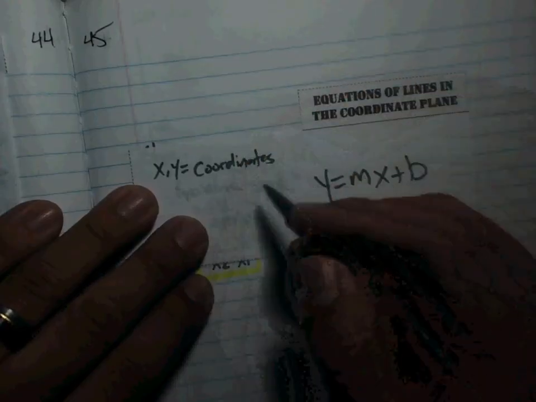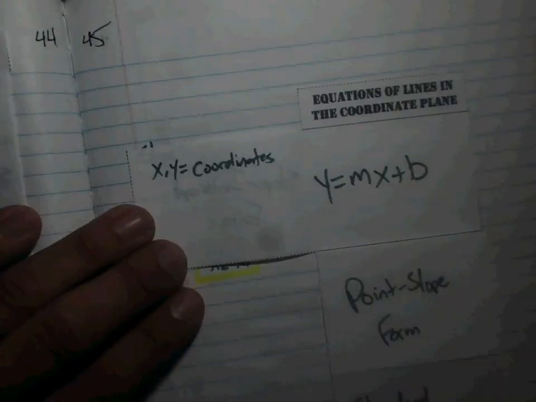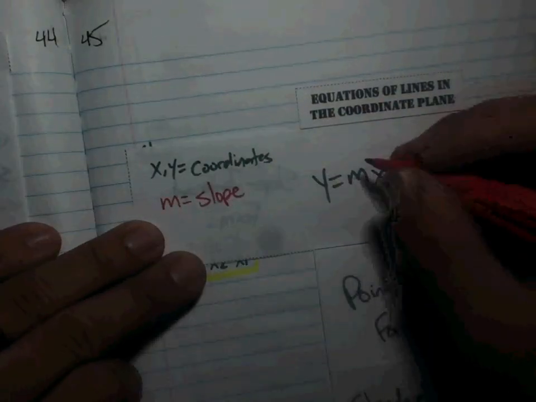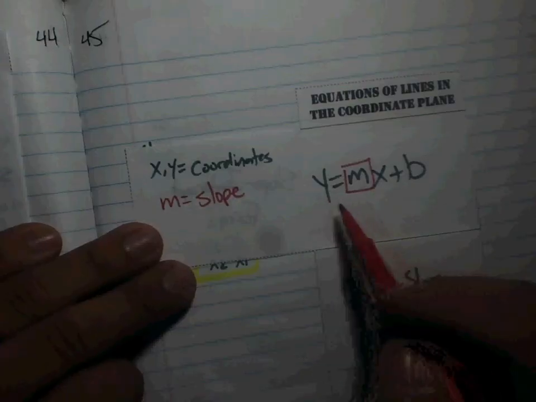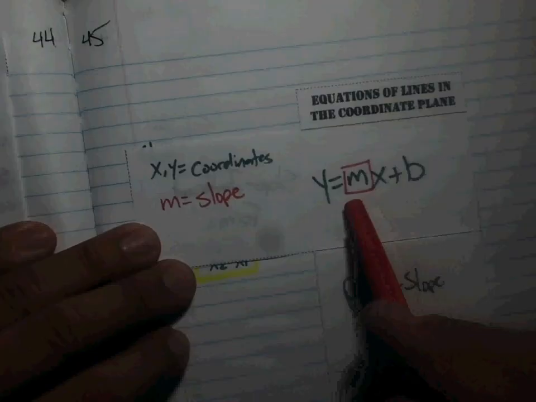These are your answers, what you plug in. Slope is your m. Whenever it asks for your slope, it tells you your m. That's what you plug in. It's the number in front of x.